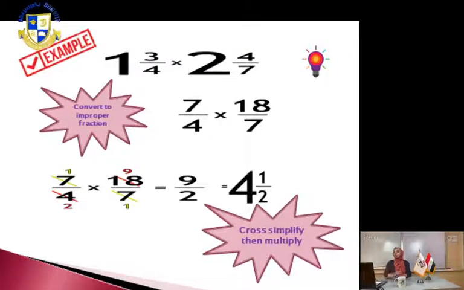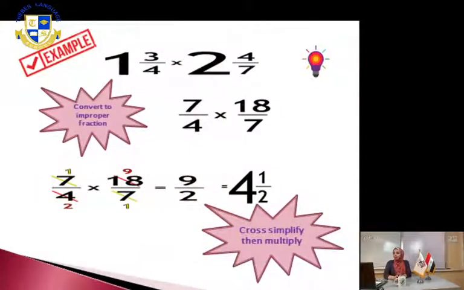Here we want to multiply fractions, but they are mixed numbers. How can we do it? As we said before, we have to convert the mixed numbers into improper fractions, like that. 1 3/4 multiply 2 4/7. How can we do it?